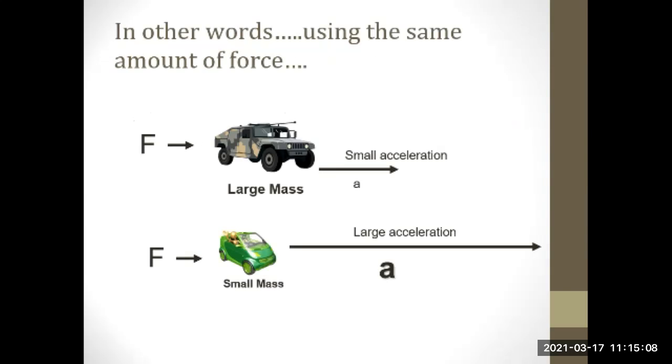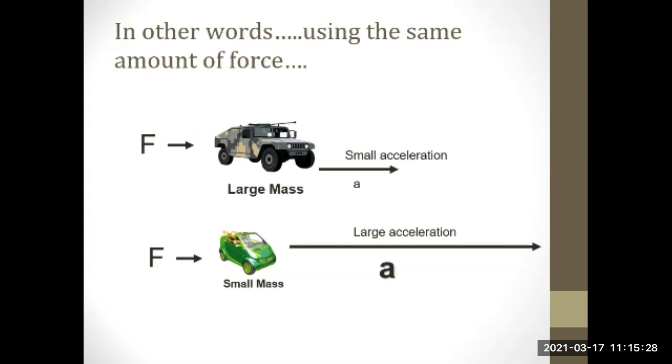Now see, in other words, I'll explain with an example. If this is a large mass, right? In a large mass, if you apply a force, it will get a small acceleration. And if it is a small ball and the same amount of force I am applying on it, it will get a large acceleration.